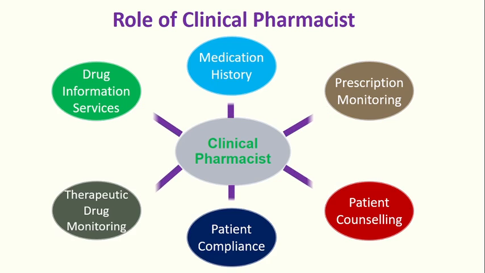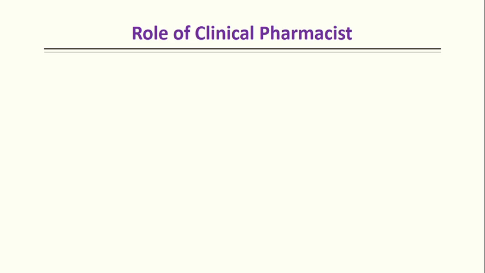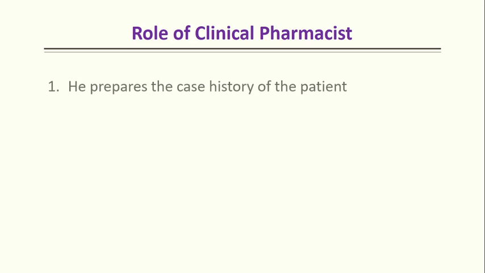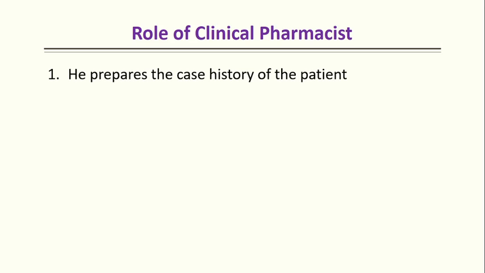Let's see here. In the next slide we'll see it in detail. So the first role is that the clinical pharmacist prepares the case history of the patient. He'll prepare the medication history also.